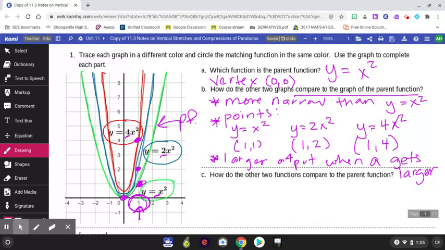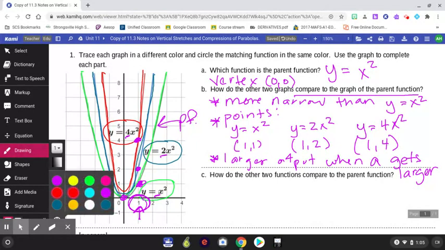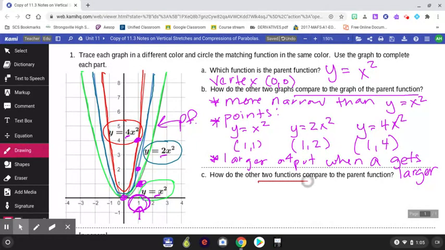How do the other two functions compare to the parent function? Here's the parent function, and the parent function really has a 1 in front of that x squared, versus these other two functions that have larger values than 1.